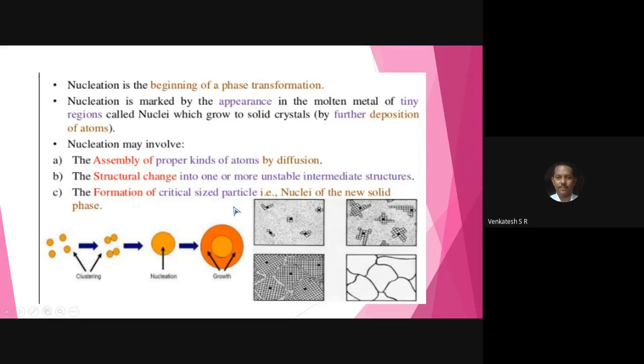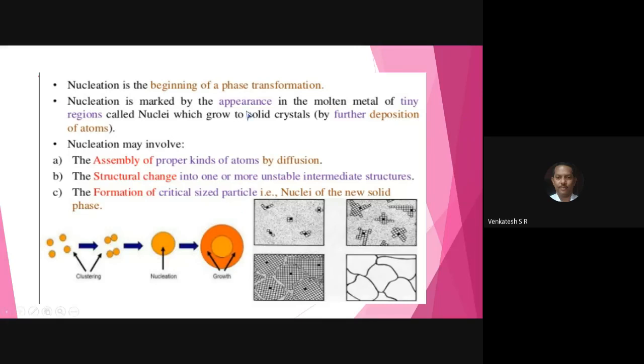See, you have already studied the phase diagram of cast iron. Last semester, you have studied material science and metallurgy. In metallurgy, you have studied the behavior of metal, the cast iron, at different temperatures.